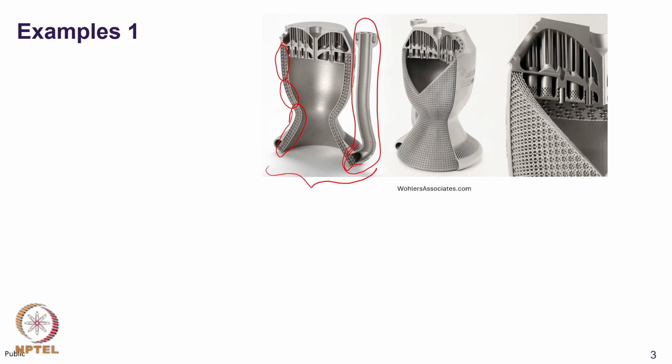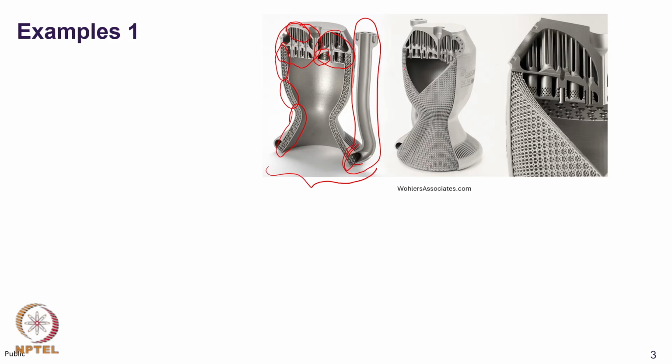Apart from the fuel channel and the casing, this structure has many other complicated parts as seen in the top part of the geometry. There are various smaller channels, and more complicated topologies and structures, which all can be printed using additive manufacturing. Also, we can create a graded lattice structure as seen in the second figure.